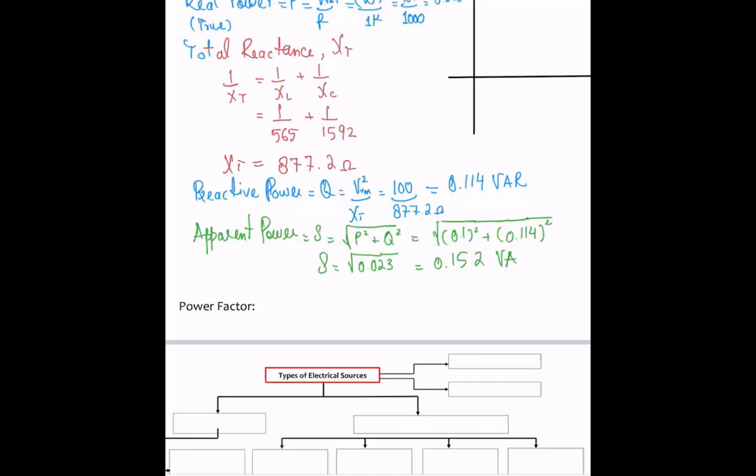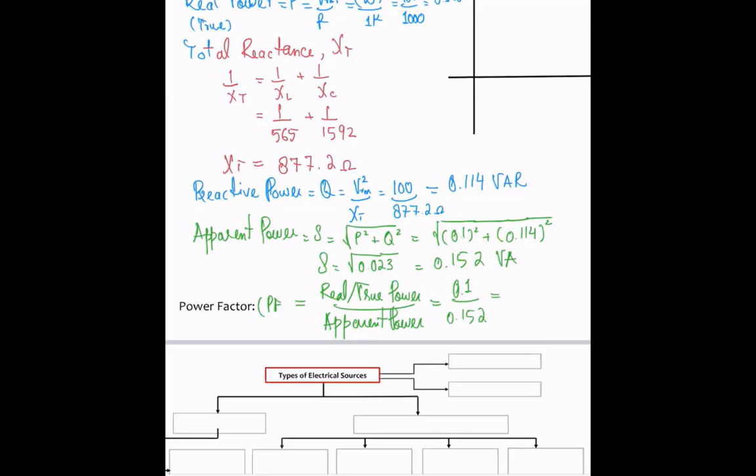You also have the power factor, PF, and that equals the real or true power over the apparent power. The real power was 0.1, and the apparent power is 0.152.